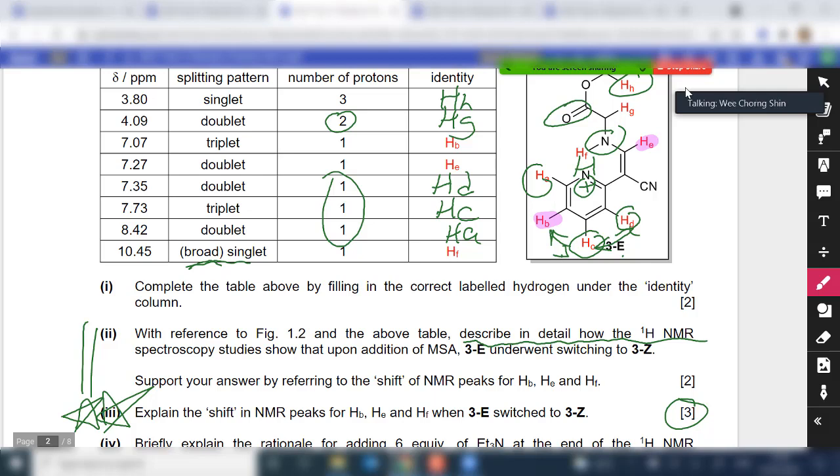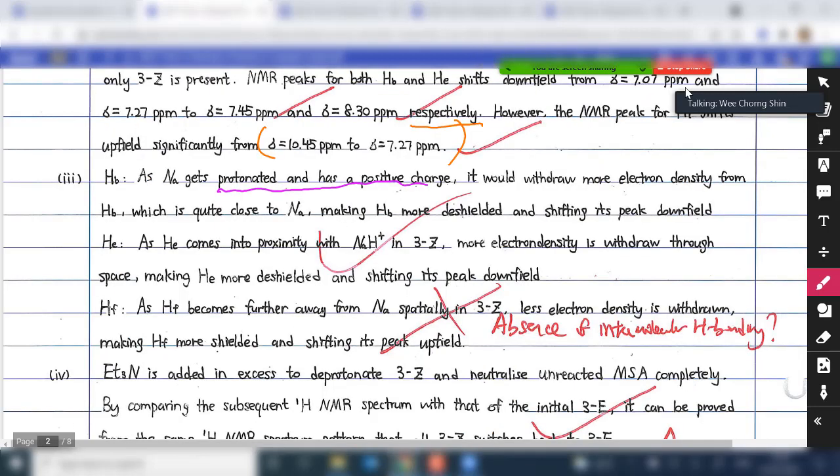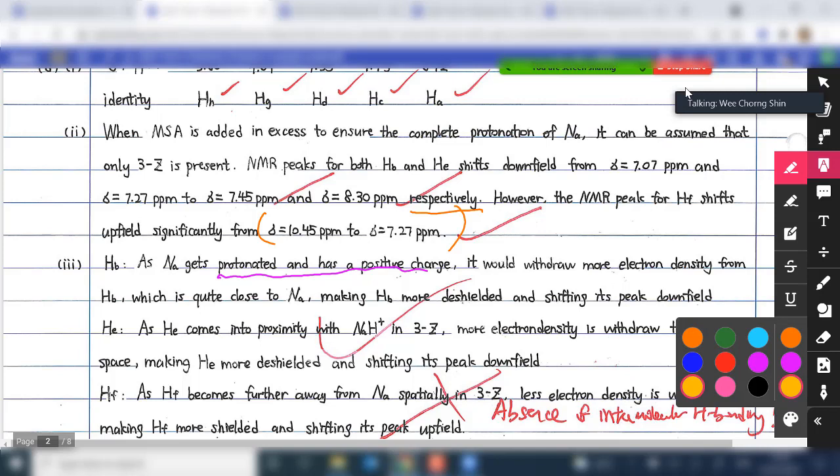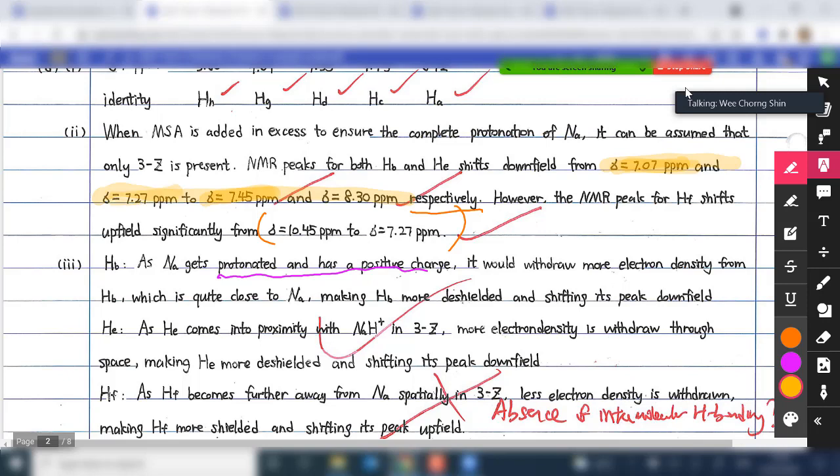Yeah. So that withdrawing effect will actually cause the neighboring electron density around the H to shift. Okay, accordingly. So which easily explains why the other two, like these two, actually shifted from 7.07 to 7.45 and 7.27 to 8.30.